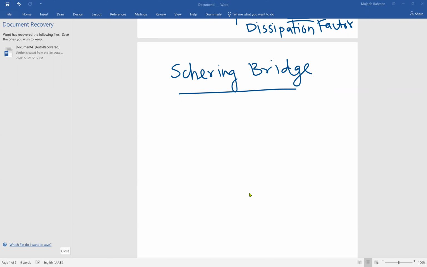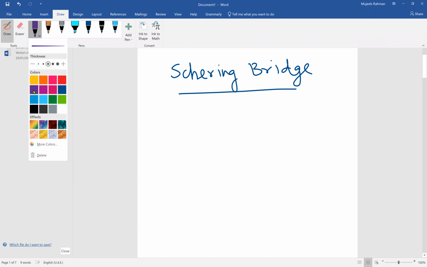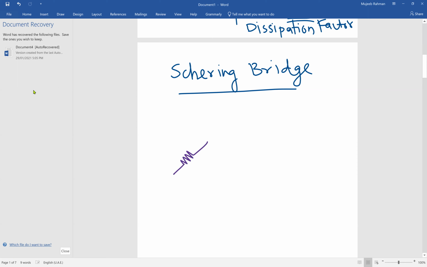So let us look at the different elements of this particular bridge. The first arm consists of R1 and C1. This is the unknown resistance and unknown capacitance whose values are to be measured. And we have a standard capacitor here, indicated by C2.